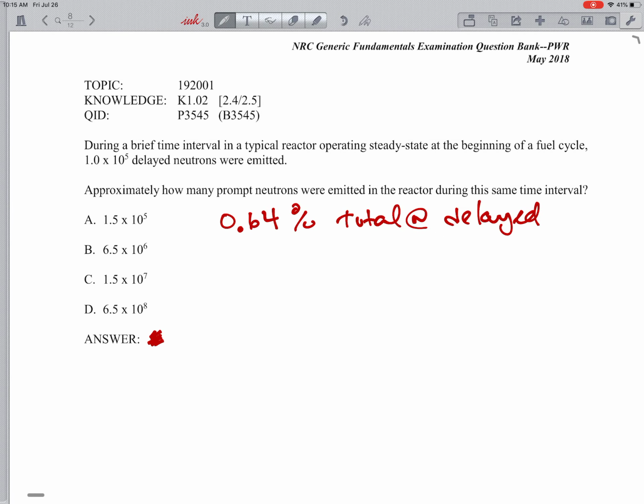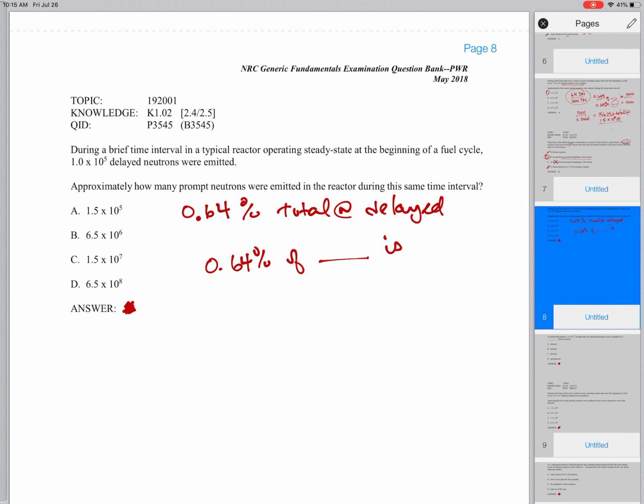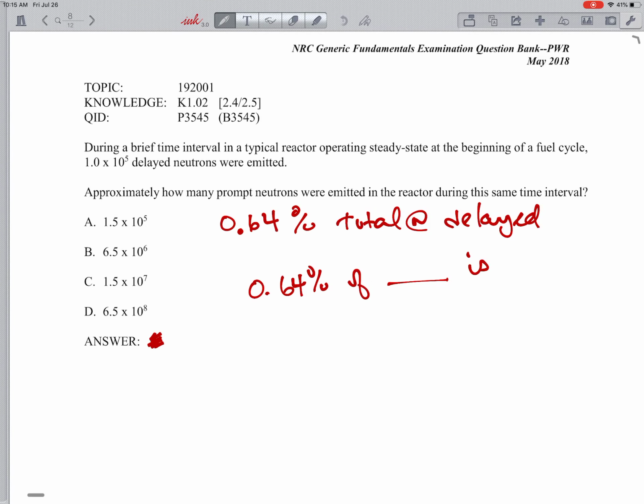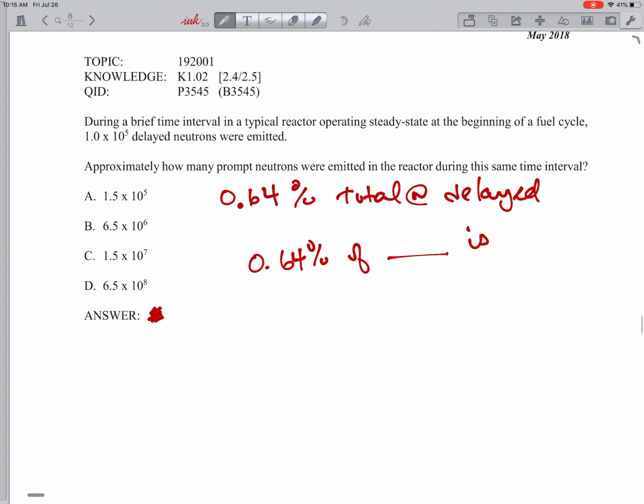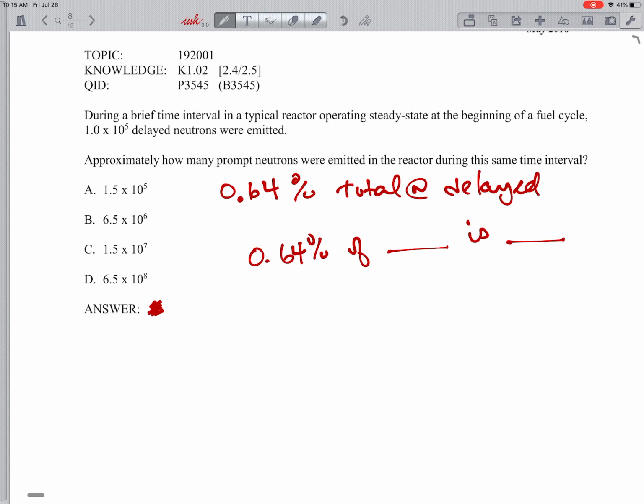So 0.64% of blank is the number of delayed. So you gotta find the total number and subtract 10 to the 5th. All right. So 0.64% of the total number is 1 times 10 to the 5.